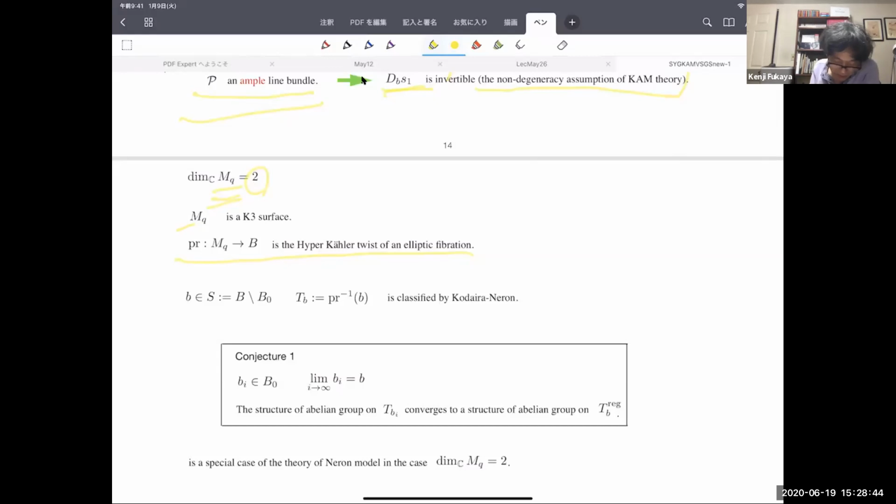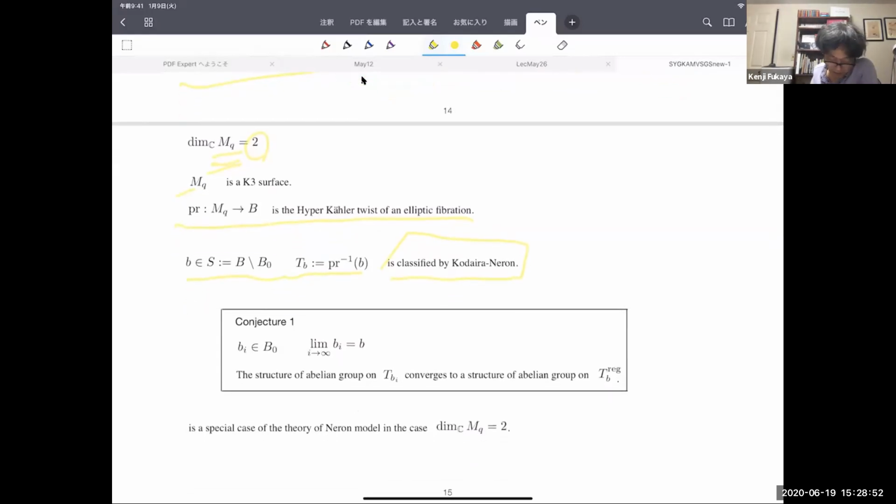And the singular fibers in this kind of case are classified by Kodaira and Néron. And the regular part of the singular fiber also has a group structure. This is an important part of Néron's theory of Néron models.